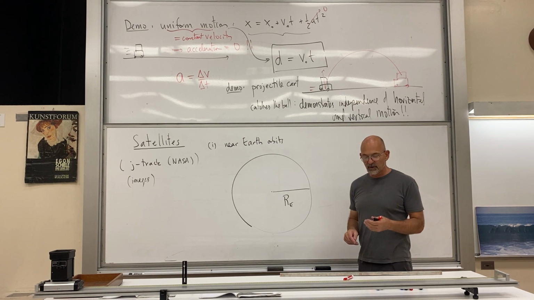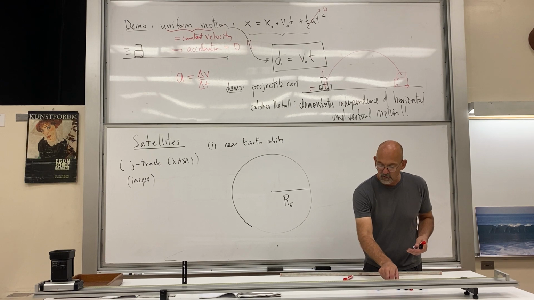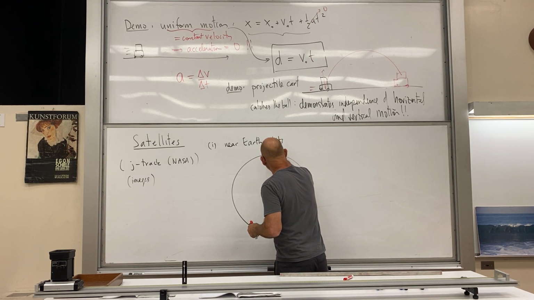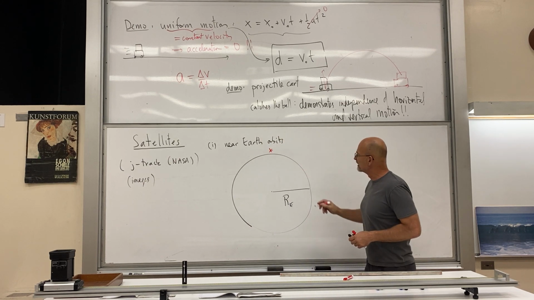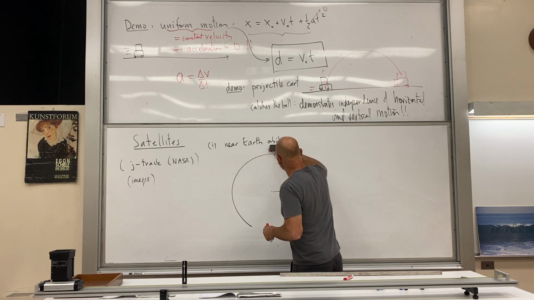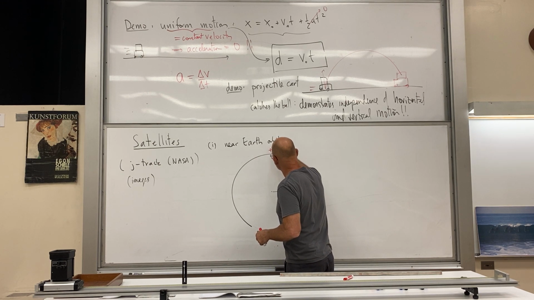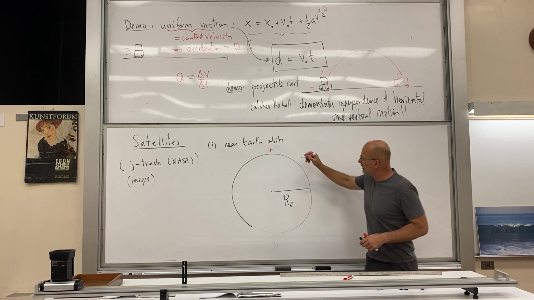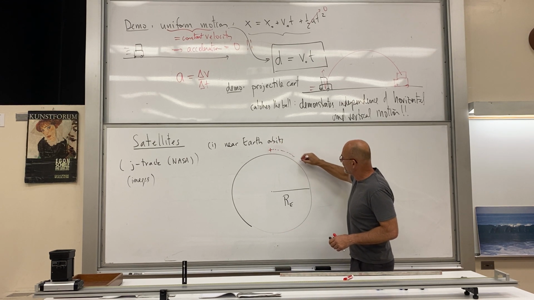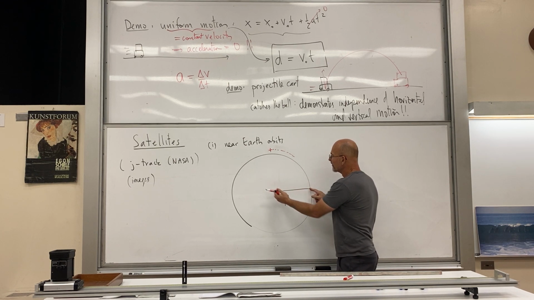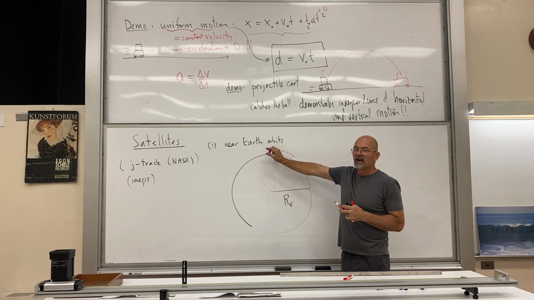So where is a near-Earth satellite orbit? I'll just draw it right here. There's our satellite. Okay, there's a little satellite. It's orbiting the Earth. So how far is that? If this is 6,000 kilometers, that's already several hundred kilometers.